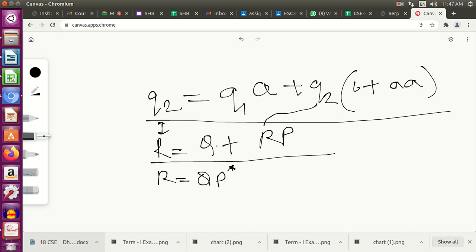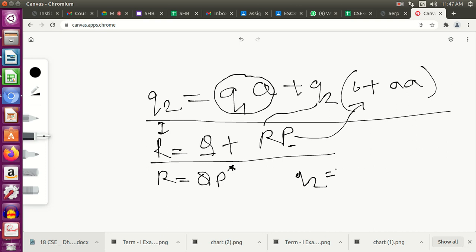Okay. So, what is the value of R? R is equal to Q2, right? So, what is the value of Q? The value of Q is Q1A and the value of P is B plus AA. So, what will be the solution for this equation? Then we can write that Q2 is equal to, R equal to QP star.